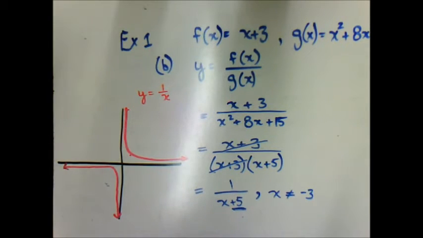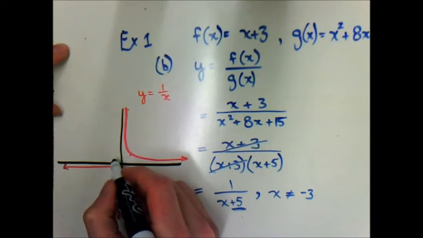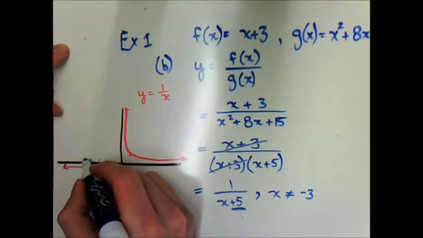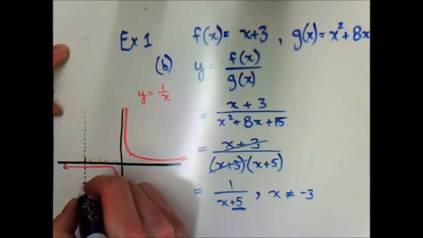Now we apply a horizontal translation to this, 5 to the left. So we're going to head down to -5 for our asymptote. 1, 2, 3, 4, 5. We're going to have an asymptote here rather than at x equals 0.